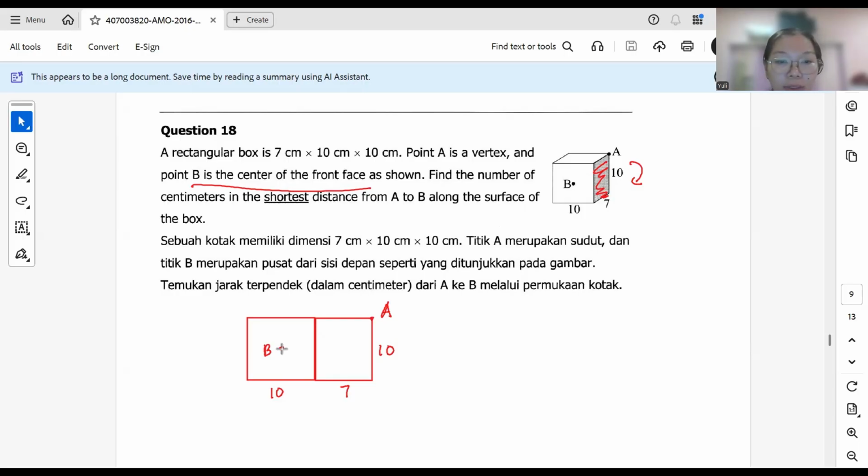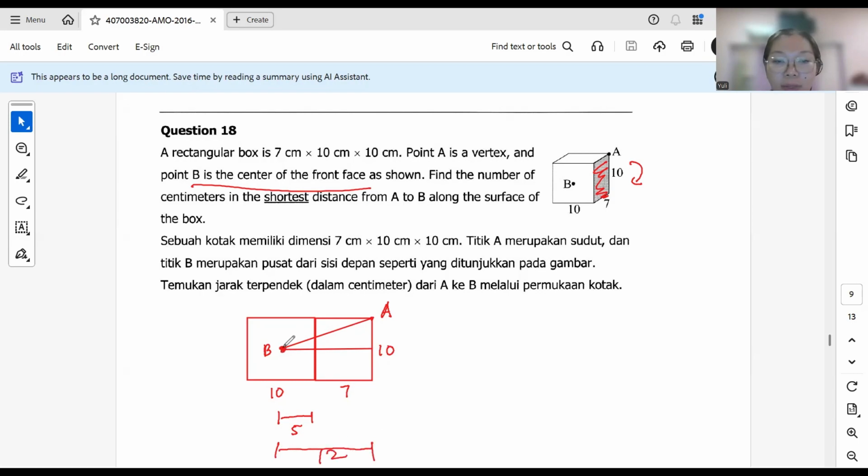The shortest distance. Use Pythagoras. Use Pythagoras for this, right? So this is 5 because this is the center. This is 5 and this is 7. So in total, this is going to be 12.